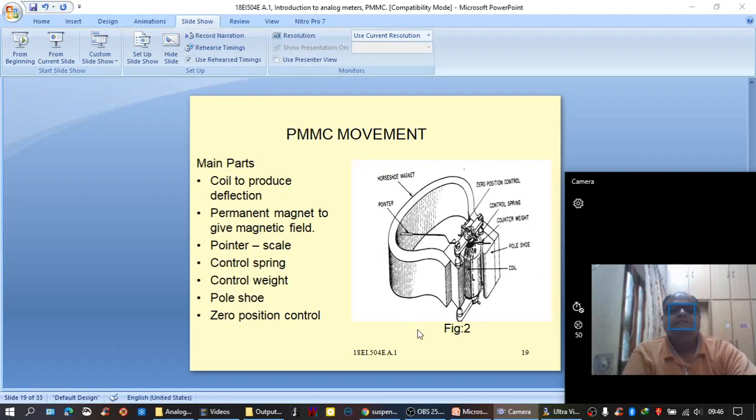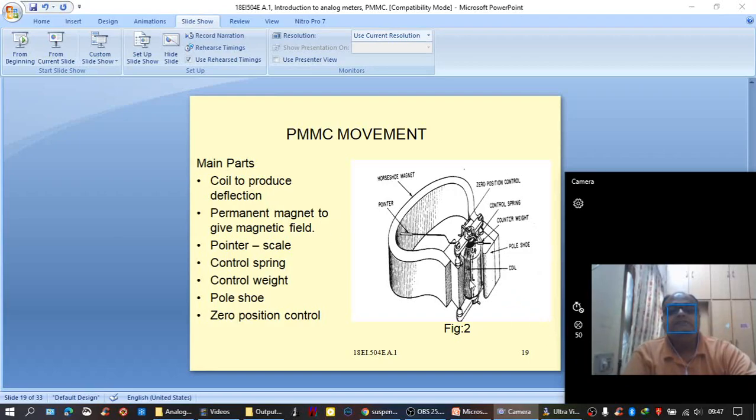Here, this is the construction. This is a diagram showing the construction of a permanent magnet moving coil type instrument or movement. You can see here, it mainly consists of a coil to produce deflection.